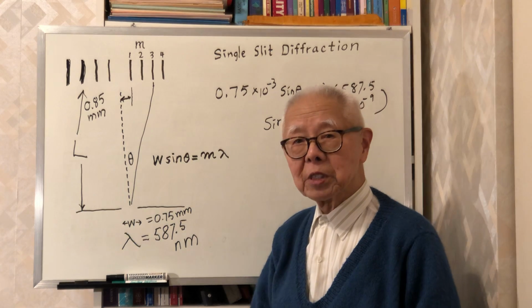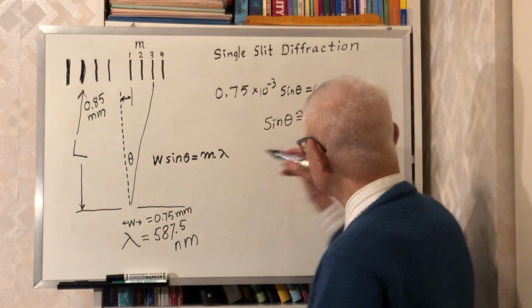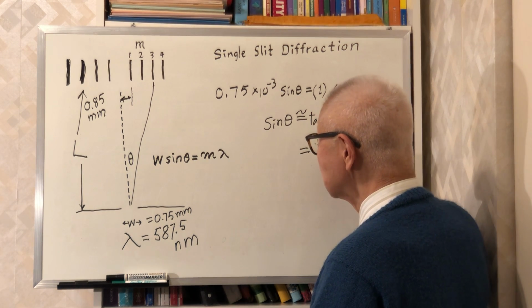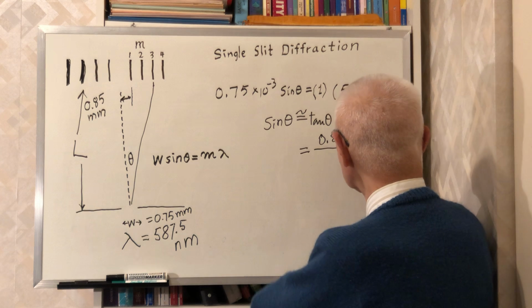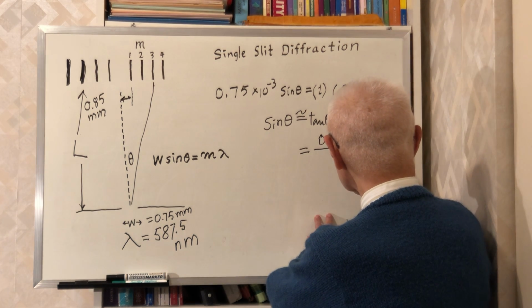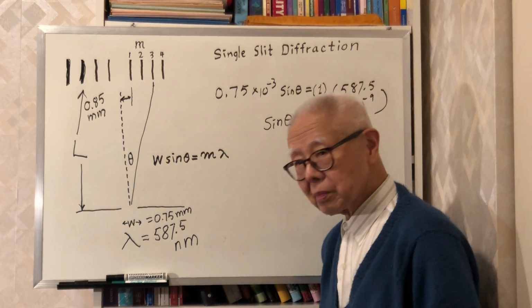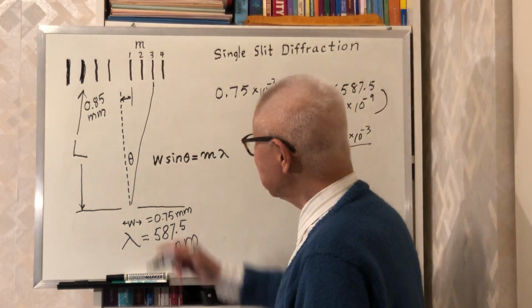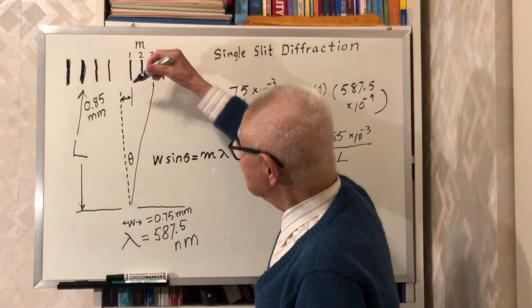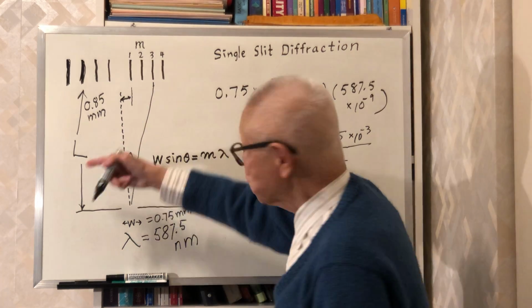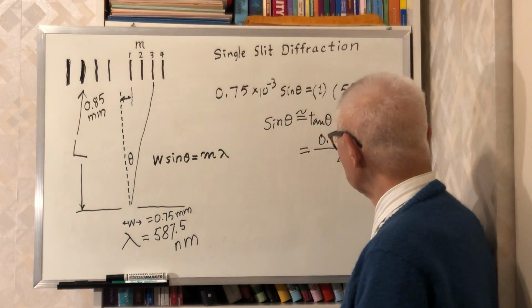In this diagram, tangent theta should be this distance divided by this distance, which is L, which we don't know.